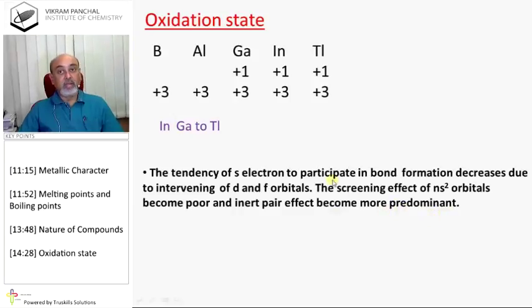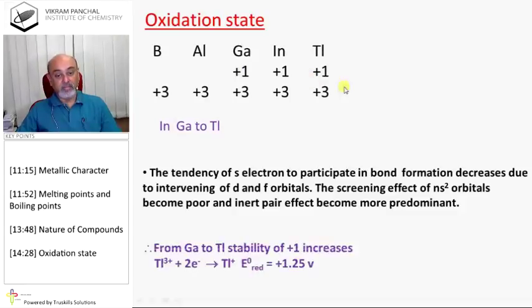That means the last orbit's 2 s electrons will not be given to any other element, but behave like an inert configuration. So ns2 electrons merge into the inner filled orbitals, and therefore gallium, indium and thallium have a tendency to release one electron only, and so they show +1 valency.